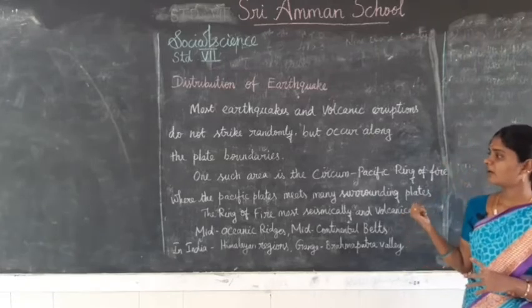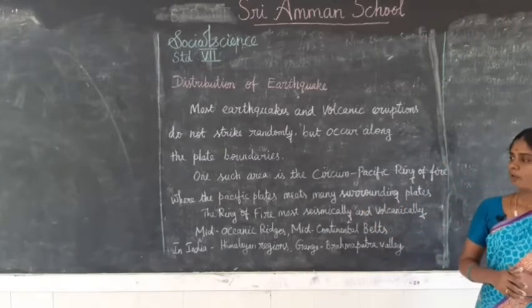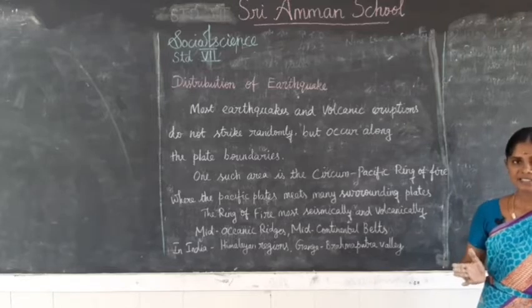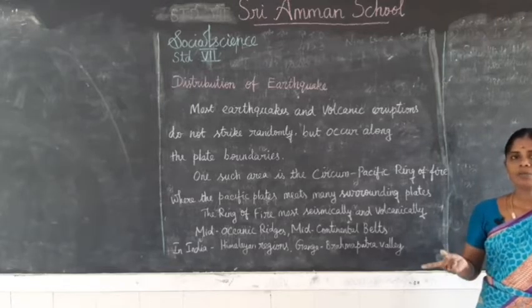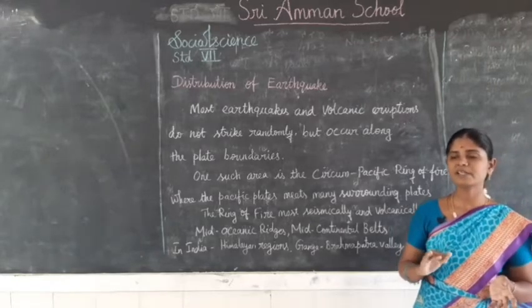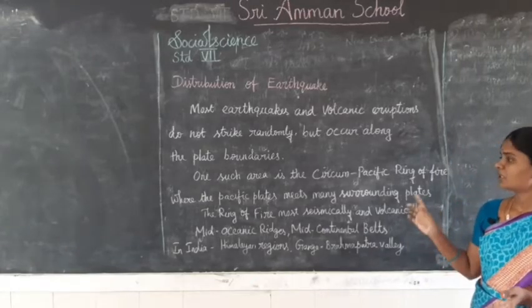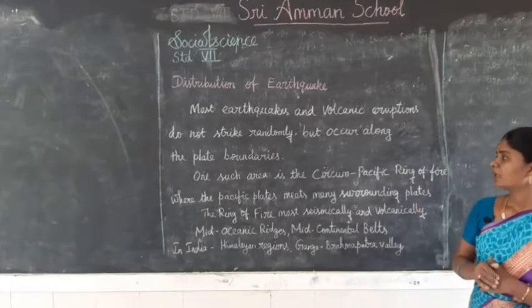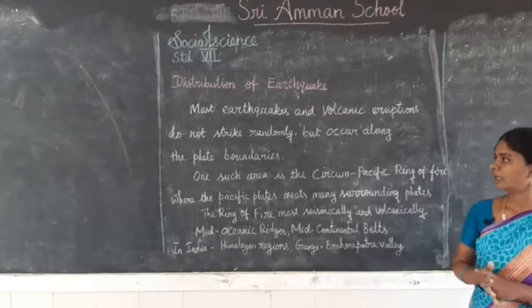In the Pacific Ring of Fire, the Pacific plates meet many surrounding plates. The Pacific Ocean is the biggest, largest water body in the world. So, the Pacific sea floor meets many surrounding plates, and that is the main region for earthquakes and volcanic eruptions.